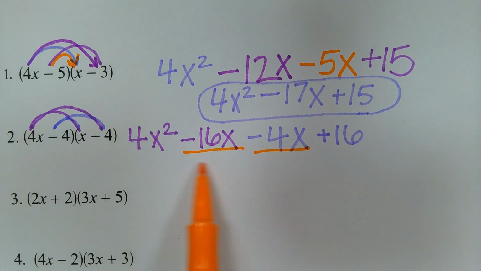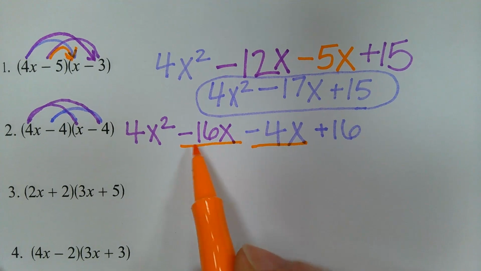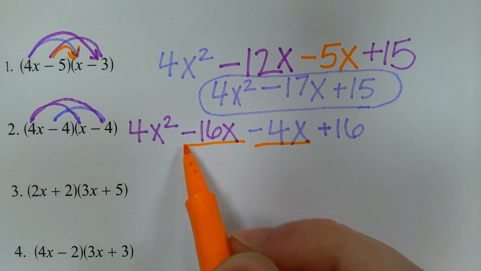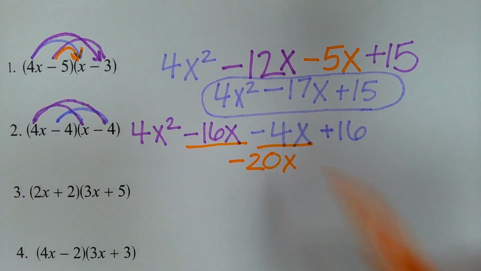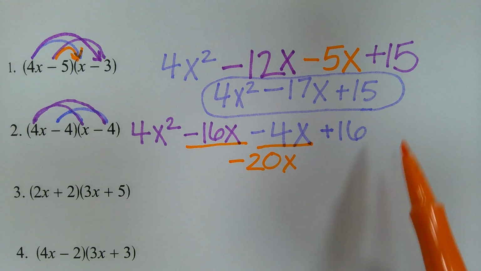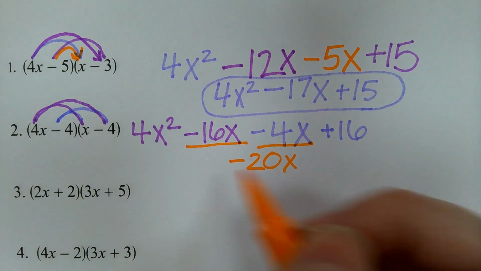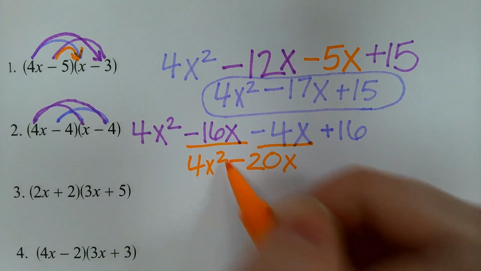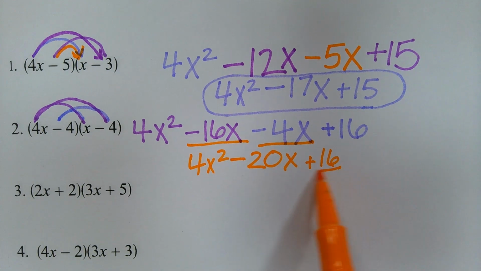If I owe somebody $16 and then I lose $4 more, I'm now $20 negative. I'm totally lost. I did not gain any money. I just kept losing. So that negative gets bigger. 16 plus 4 is 20. So negative 16 plus negative 4 is negative 20. Negative 20x. And the other terms, what do we do? Just bring them on down, yes. 4x squared minus 20x plus 16. And that's our answer.